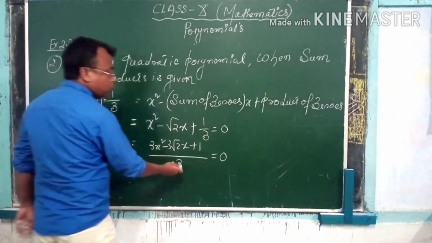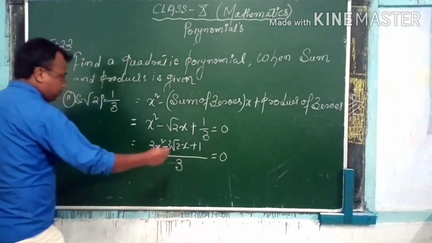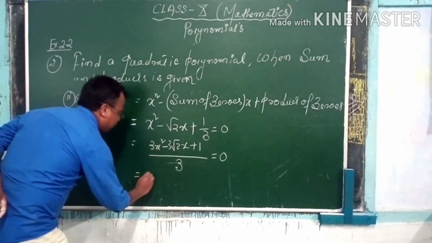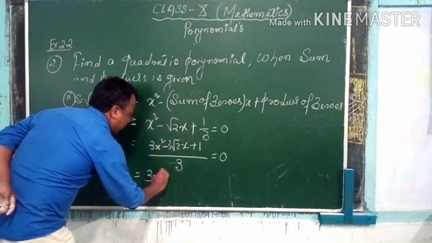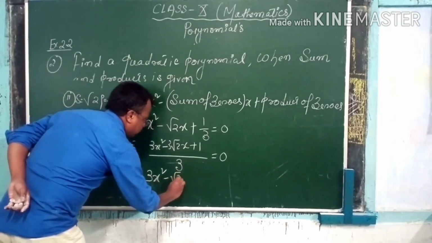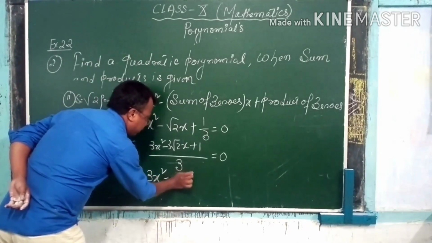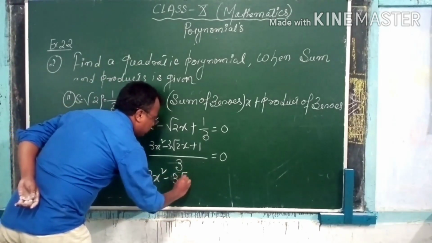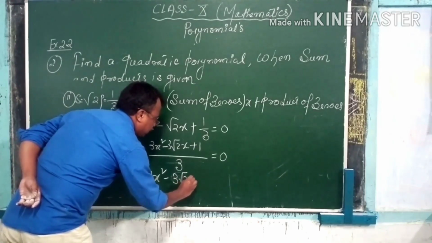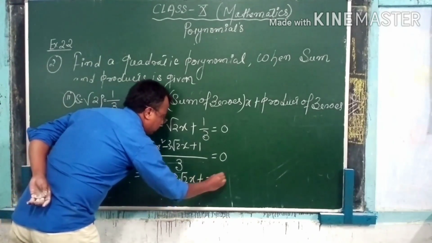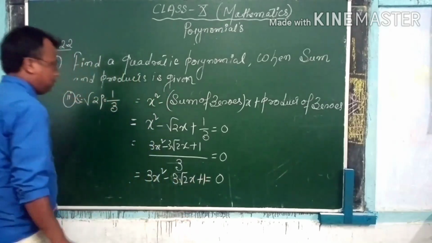So transpose this 3 to that side, we will get 3 into 0, which is 0. So 3x square minus 3 root 2x plus 1 is equal to 0.